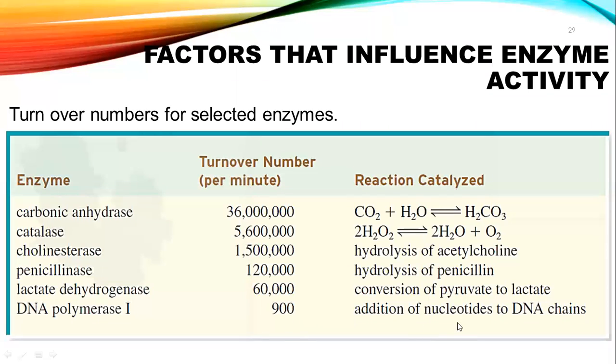It's 900 nucleotides being added to your DNA chains. Okay, so again, this is a measure of how fast, or the number of molecules of your substrate being converted to your product.